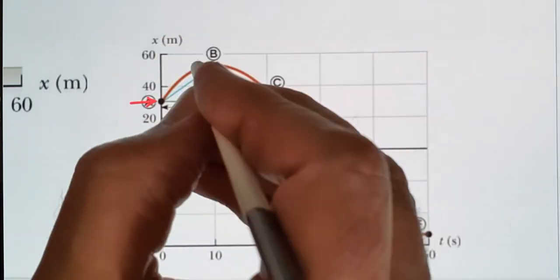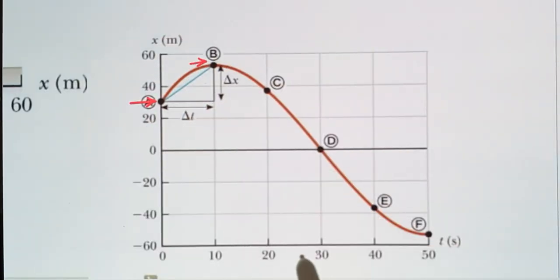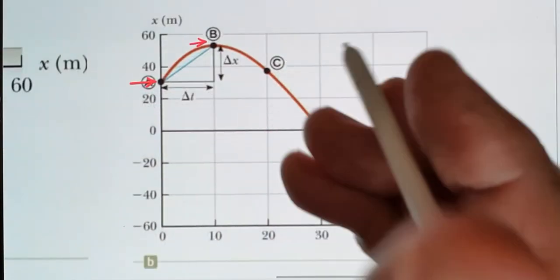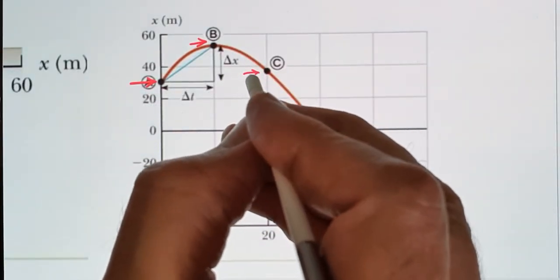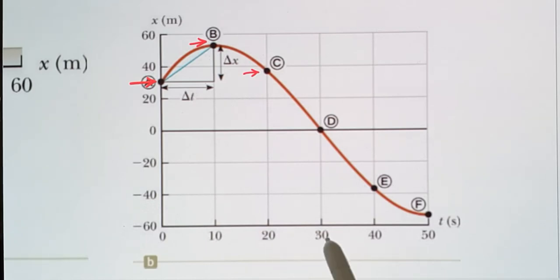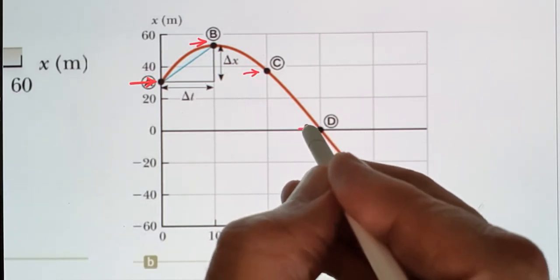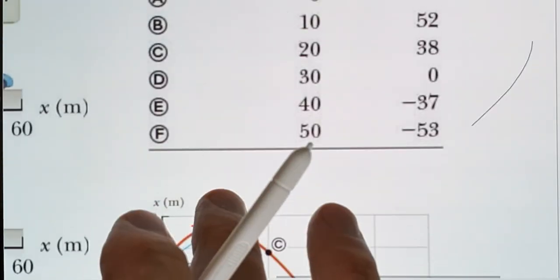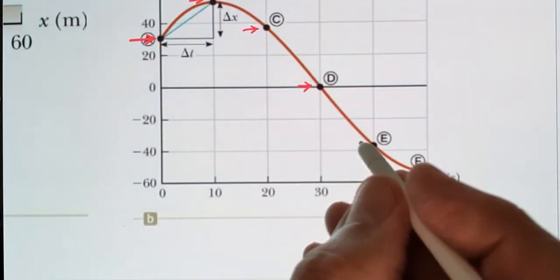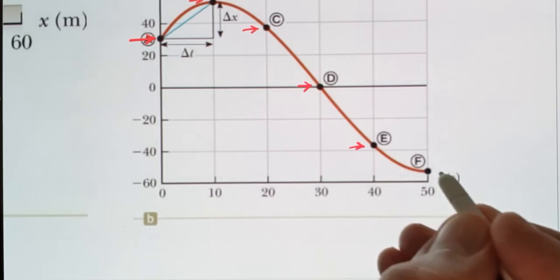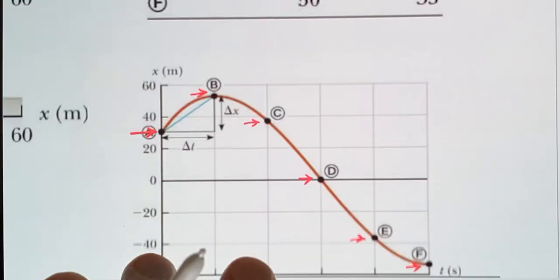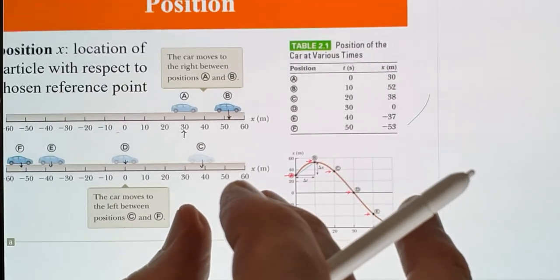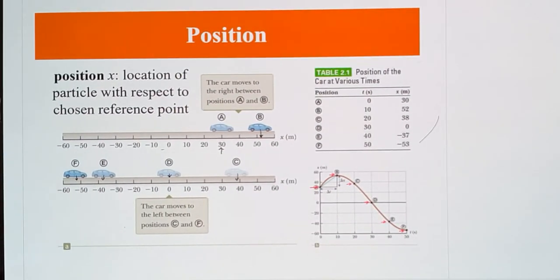After 20 seconds, we went back to 38. After 30 seconds, we went back to 0. After 40 seconds, we went back to minus 37. And finally, this point, minus 53. That's the motion.